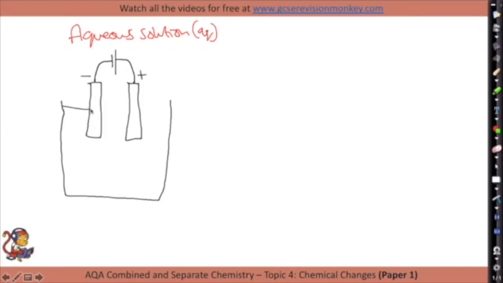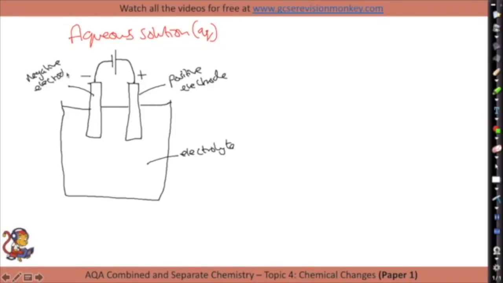And then you need to show your electrolyte solution covering the electrodes. And you can label those up. So you'd label the electrolyte, which is the liquid that you're using, your electrodes, so your positive electrode or your anode, your negative electrode, and your DC supply. It has to be direct current, otherwise it won't work.